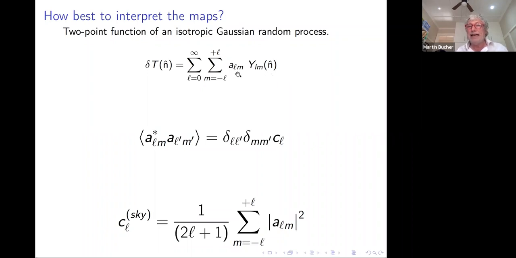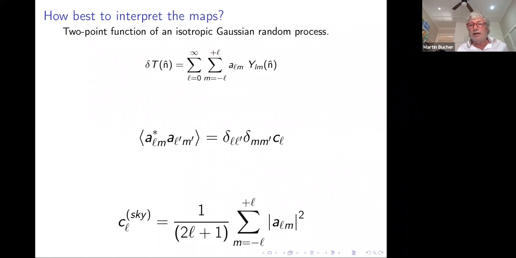So we have these a_lm coefficients, and their correlation function, because of isotropy, can only depend on L, and there's no off-diagonal coupling.